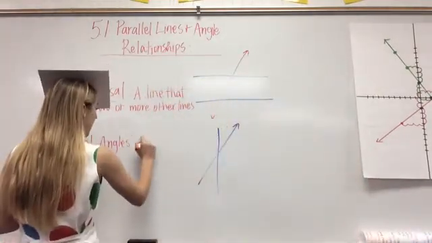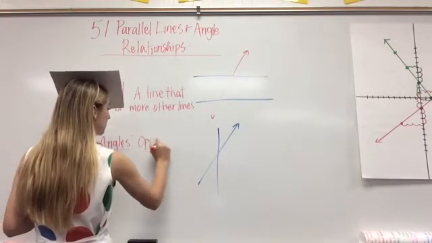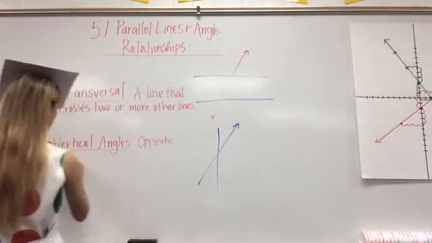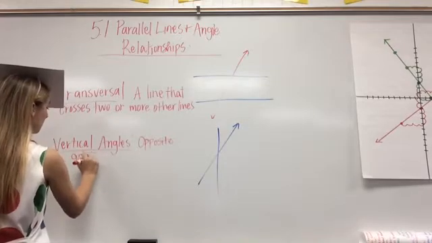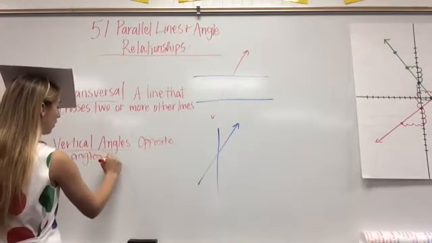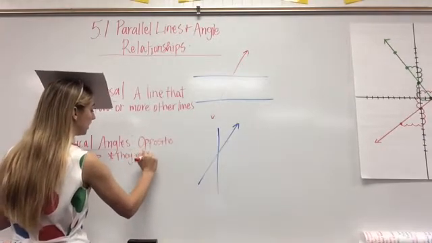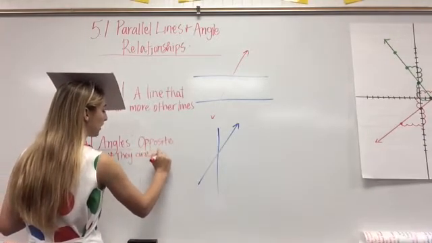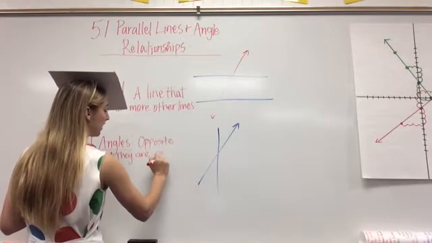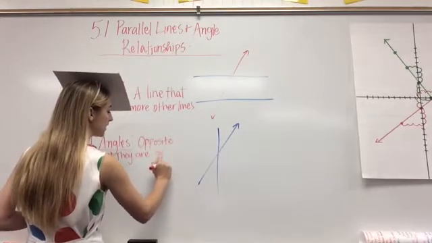The next definition is vertical angles. These are opposite angles, so they're across from each other, and one extremely important thing you need to know about these is they are congruent. So here's a symbol for congruent, and I'm going to write underneath it, this means congruent.